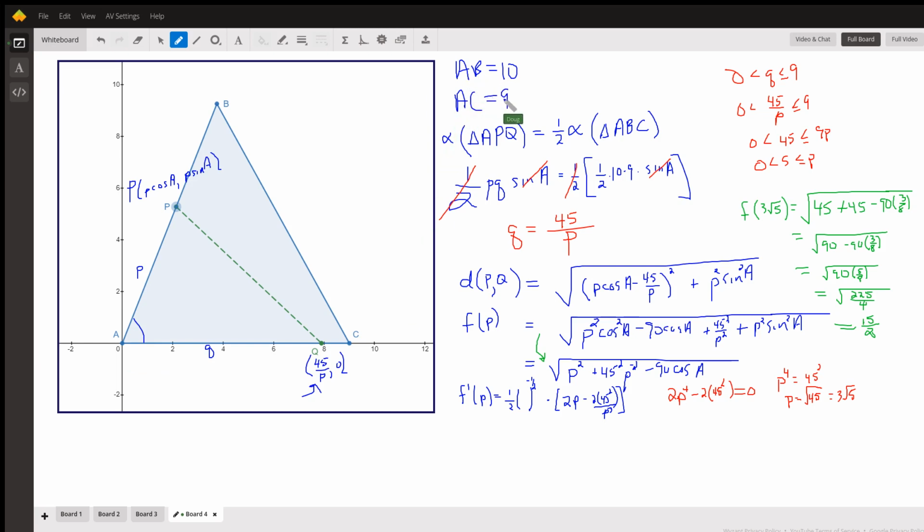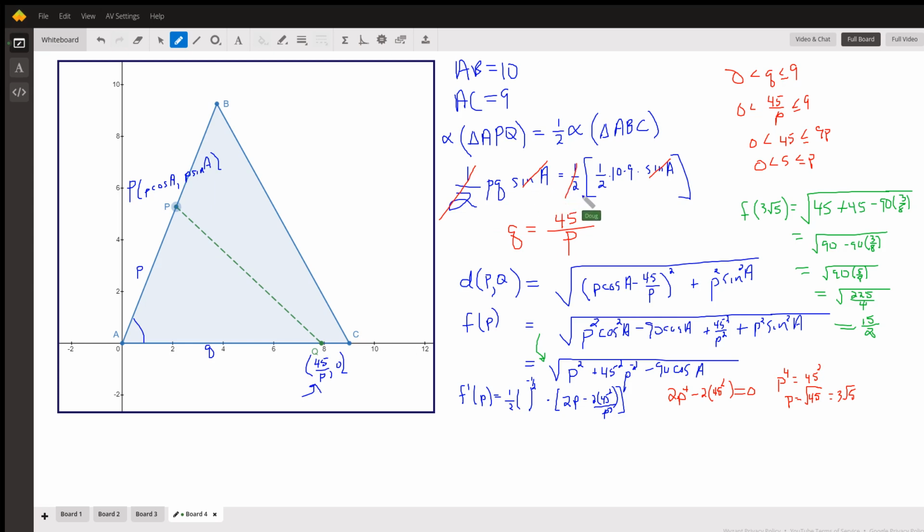AB is 10, AC is 9. The area of triangle APQ is half the area of triangle ABC. The area of triangle APQ is 1/2 the length of the two sides that include angle A, P times Q, times the sine of the included angle.